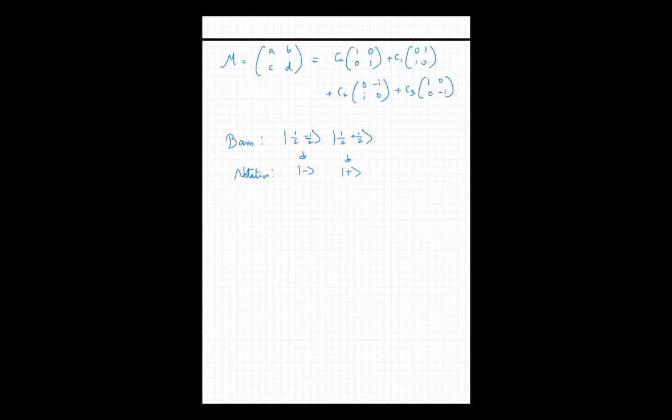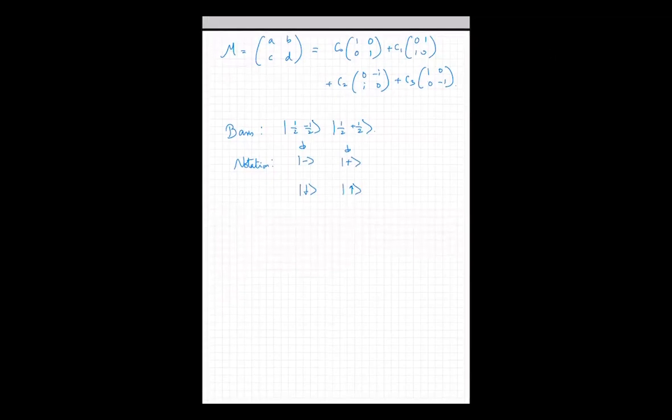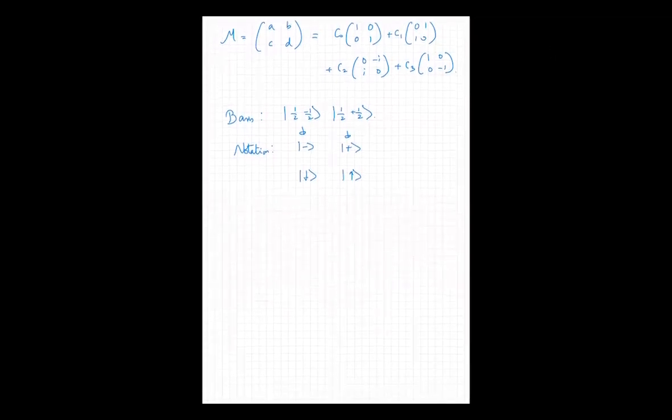Okay. But some people also look at this as a spin down system and a spin up system. In general, I don't like the last notation, but I might use the plus minus notation in my course because it's easier to deal with. But please notice that that is just a notation. So whenever I write a plus ket in the context of spin 1/2, it simply means the ket with j equals 1/2 and m equals 1/2. Okay.